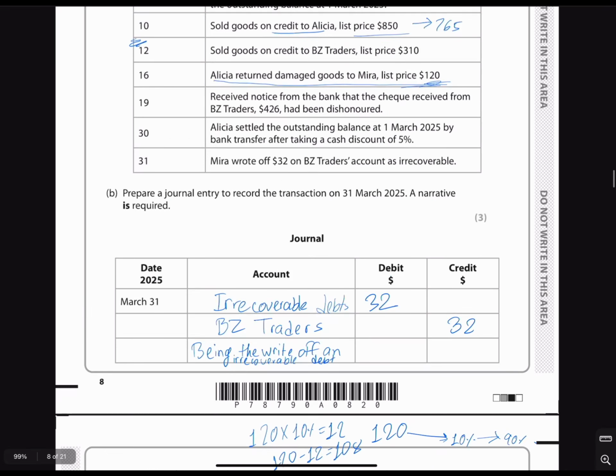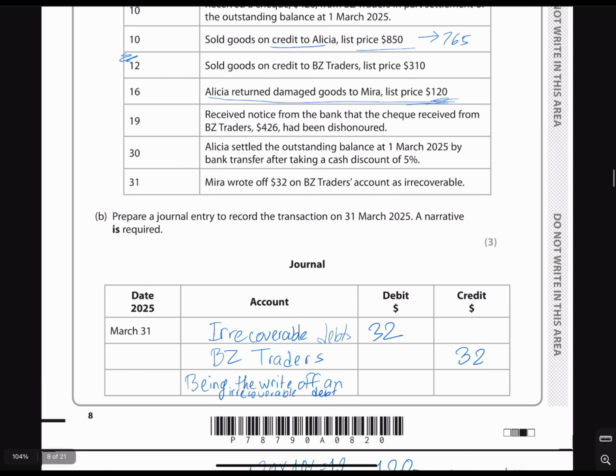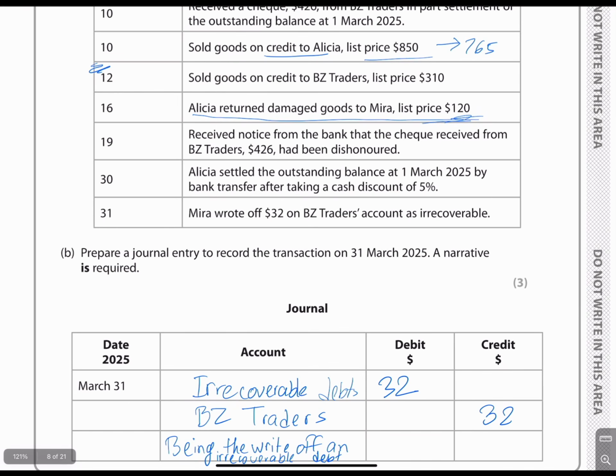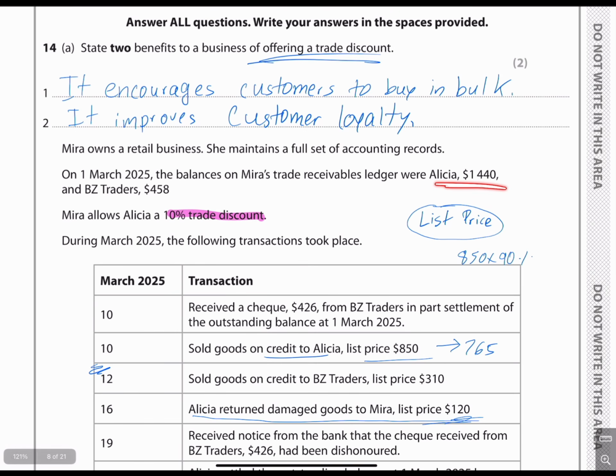All right. Then next we have what's related to Alicia. Alicia settled the outstanding balance at 1 March 2025 by bank transfer after taking a discount of 5%. What was the balance at 1 March? 1440 was the balance.